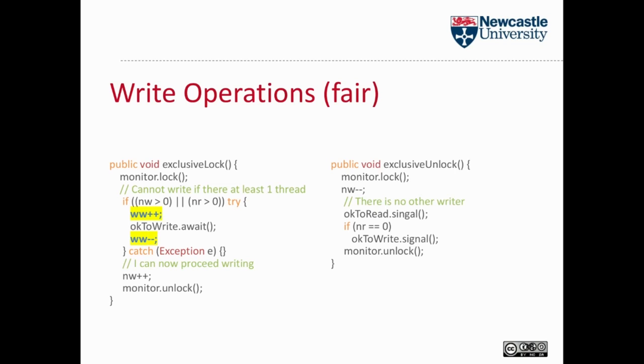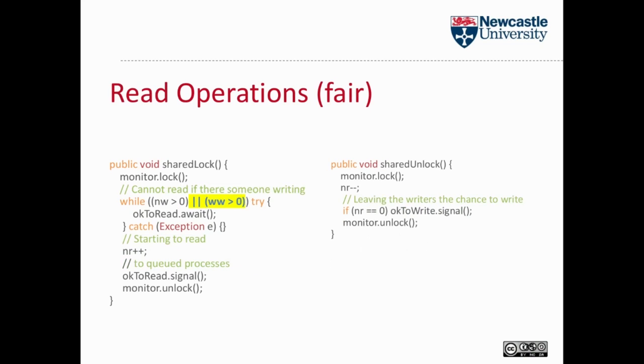Anyhow, I'm not causing starvation for the readers because I'm still trying to signal a reader. Given that I'm trying to signal a reader, the other one will check, okay, now I decremented the number of writers, so that condition on the left is false, but the number of writers waiting is actually greater than 0, then I'm waiting again until all the writers are depleted.